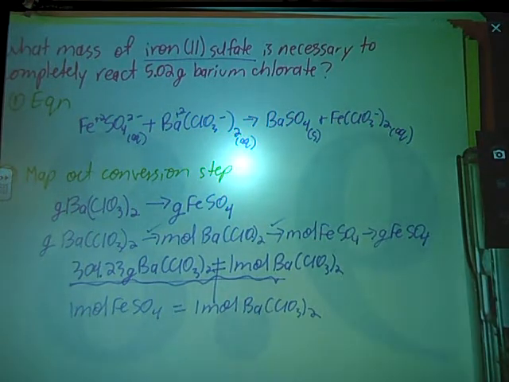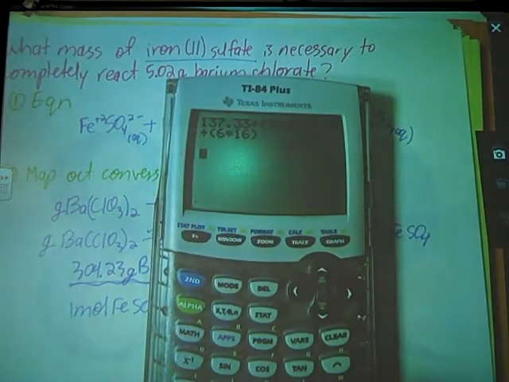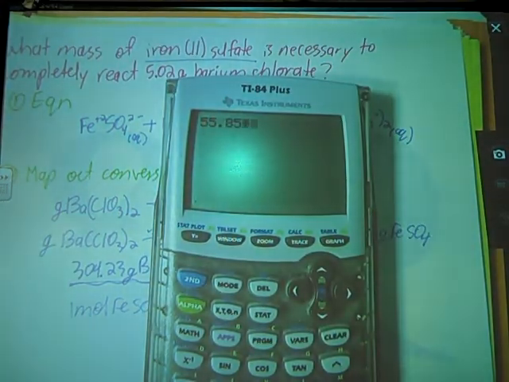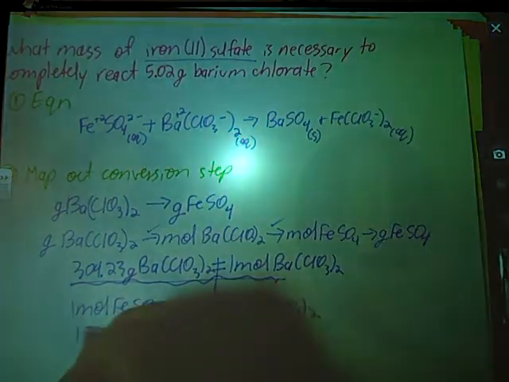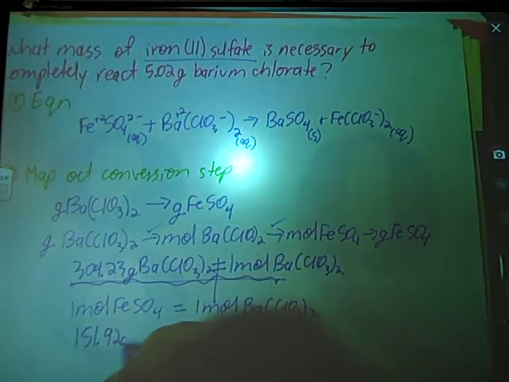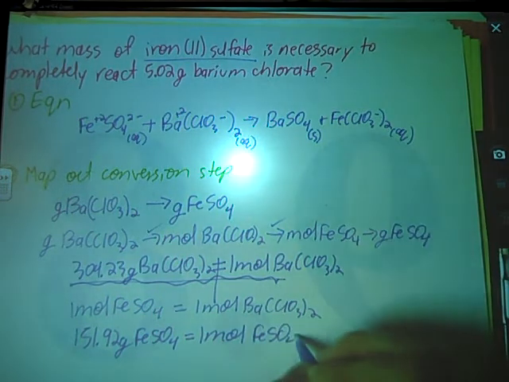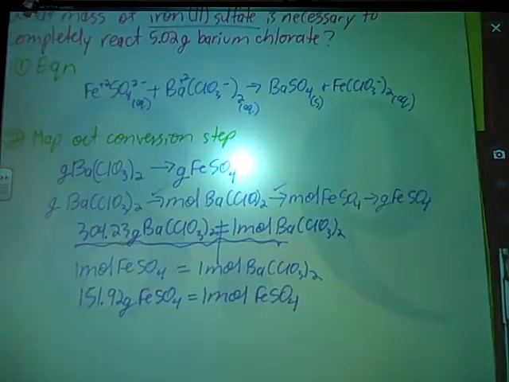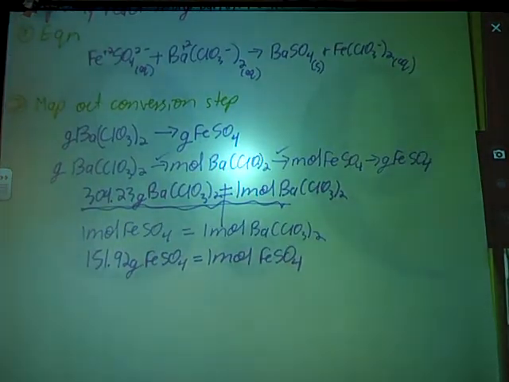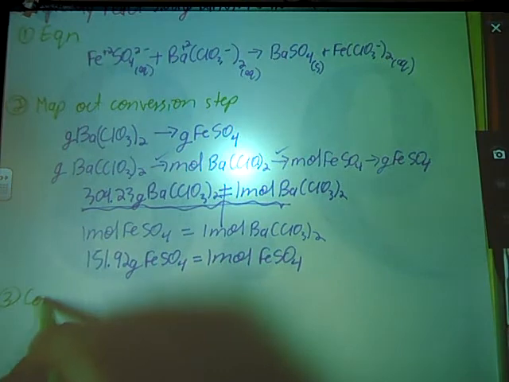Moles to grams again. Formula mass. So, iron is 55.85 plus my 1 sulfur plus 4 of my oxygens. Okay, now we are good to set up those boxes and convert.